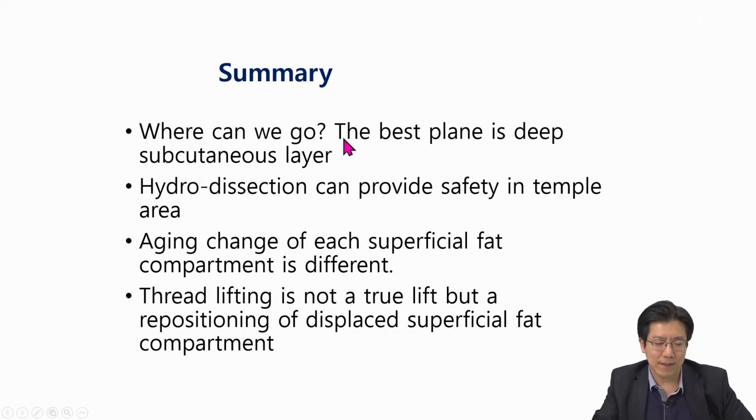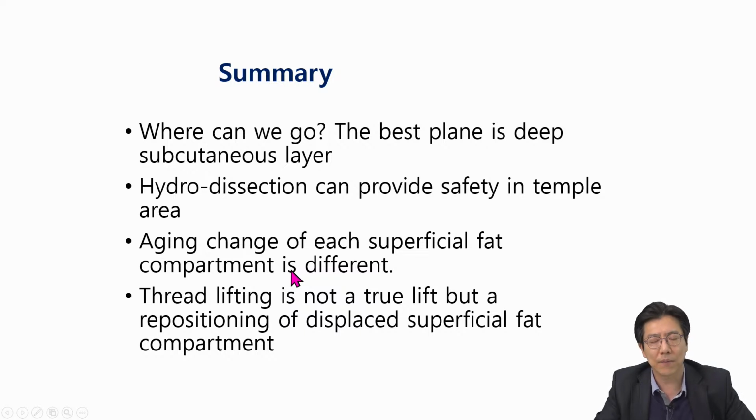These are the take-home messages. Where can we go? The best plane is the deep subcutaneous layer. And hydrodissection on the temple area can provide safety when you put the thread in the temple area. We should understand that the aging changes of each superficial fat compartment are different.